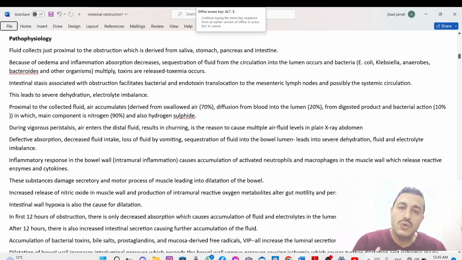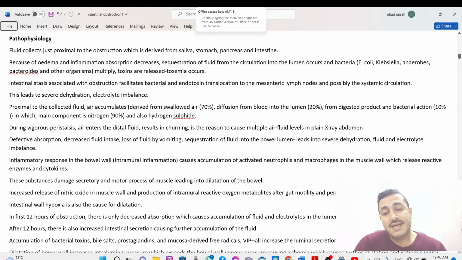With edema in the wall, absorption will be decreased, so the accumulation of fluids will be more. This leads to stasis of fluid, food materials, particles proximal to the site of the obstruction. This stasis will lead to bacterial overgrowth. This bacterial overgrowth can even spread to the lymph nodes and ultimately cause sepsis.